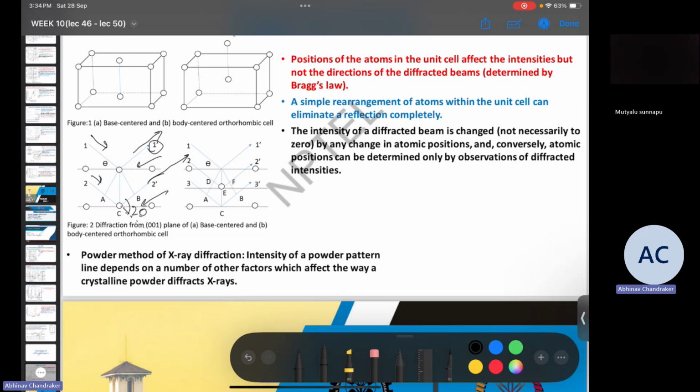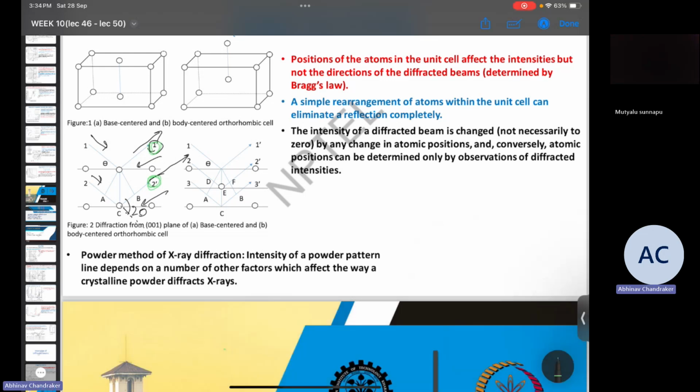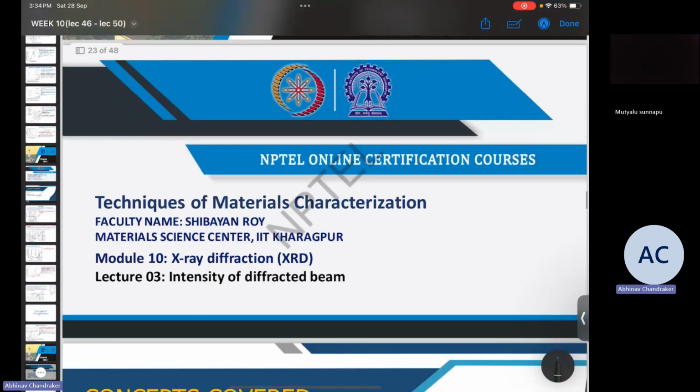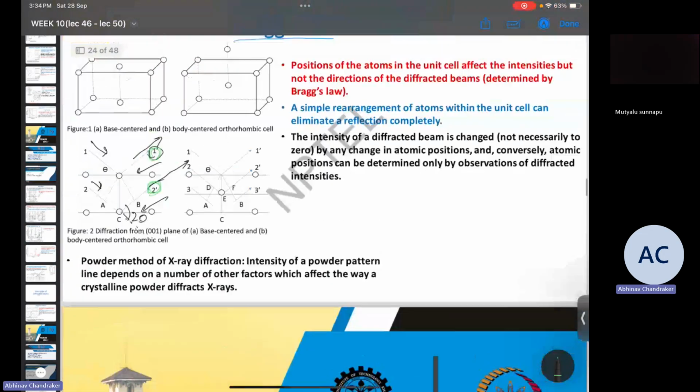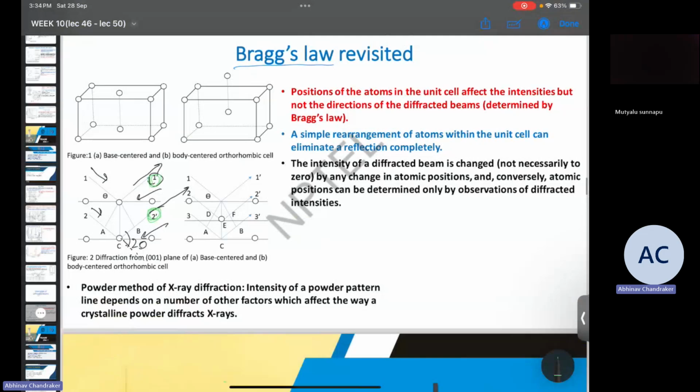Let me just point it out. It's this. We already know this, but we'll again take a look at it, and also try to understand how the arrangement of the atoms in a unit cell can affect the diffracted beam that is coming out.